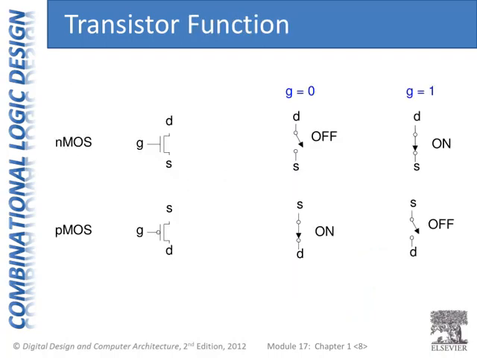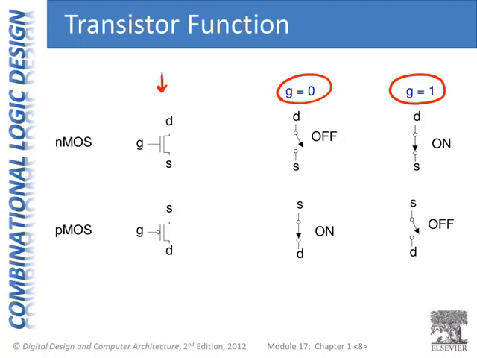So the high level is, here's the symbol for our NMOS transistor. It has our 3 terminals, the gate, the drain, and the source. An NMOS transistor is off when the gate is 0, so there's no connection between D and S. The NMOS transistor is on when the gate is 1, in other words, D and S are connected.